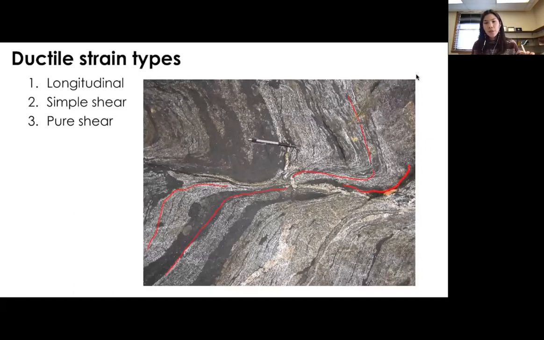It looks like we are seeing some rotation, particularly in the center. Right where these layers are most deformed, there is some rotation, and the sense of rotation suggests some shear along the top of the original material. So this is an example of simple shear.